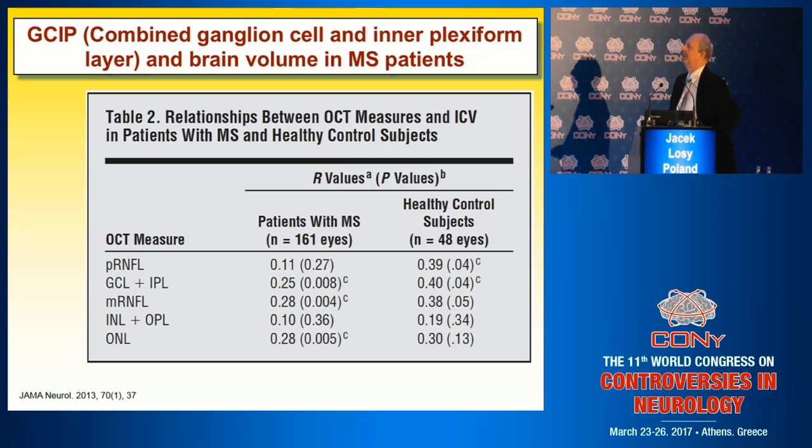These two combined layers also correlate significantly with brain volume. As you see here, in patients with MS all the values are much smaller in comparison with healthy subjects. So this is the information which we have.